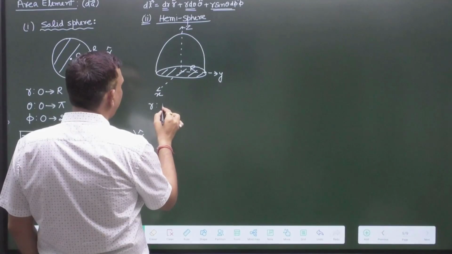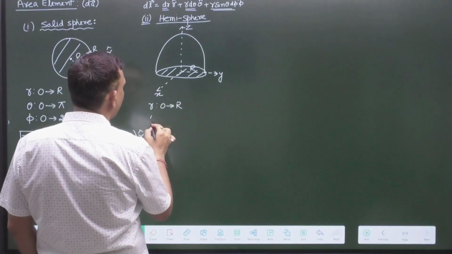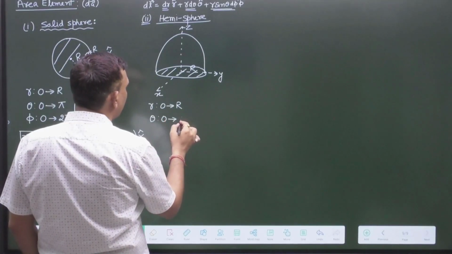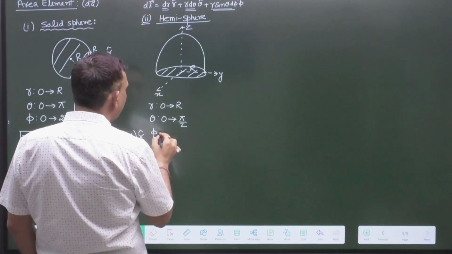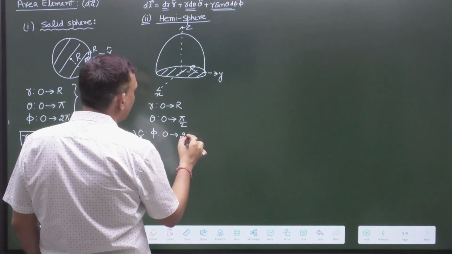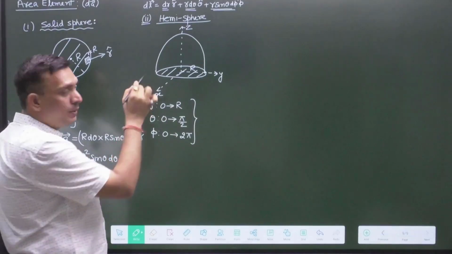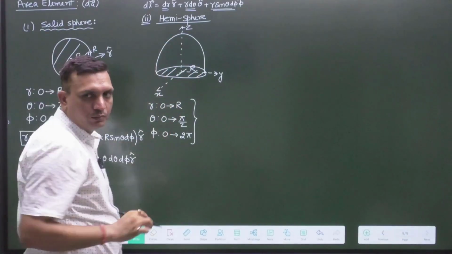So r can vary from 0 to R. Theta will vary from 0 to pi by 2, and phi will vary from 0 to 2 pi. Phi again 0 to 2 pi, but theta varies from 0 to pi by 2, up to the xy plane.